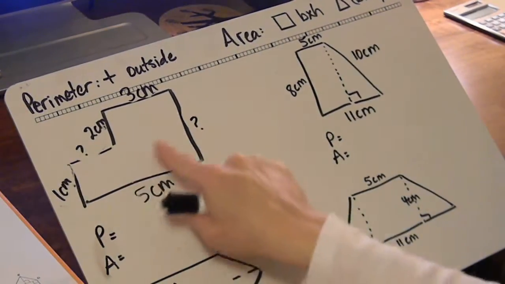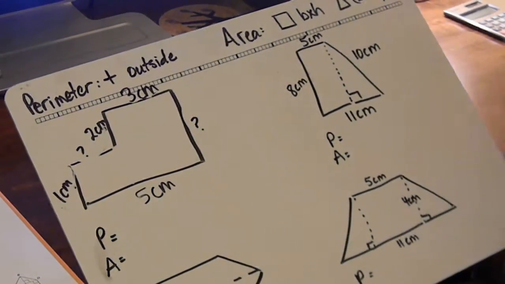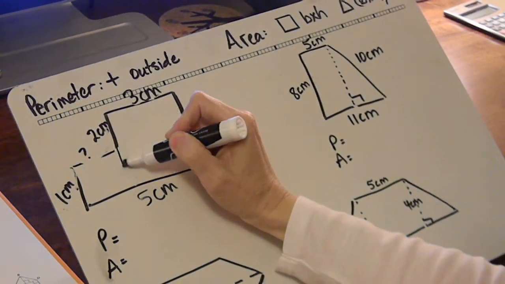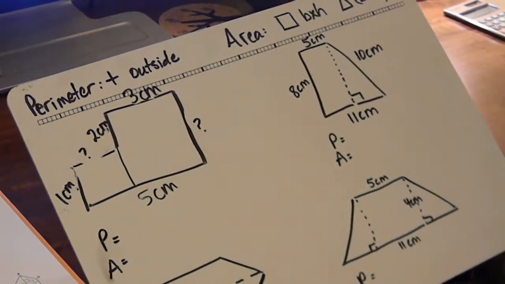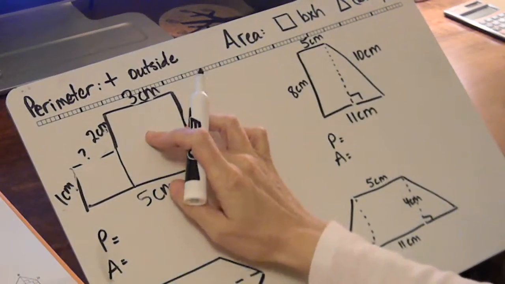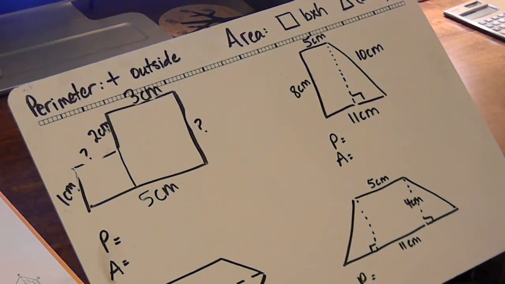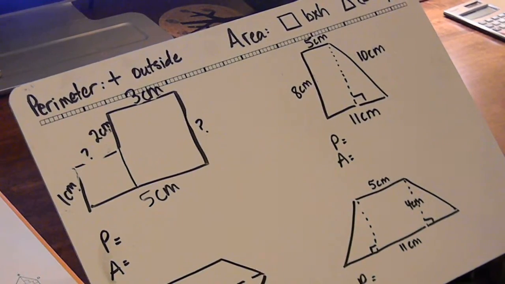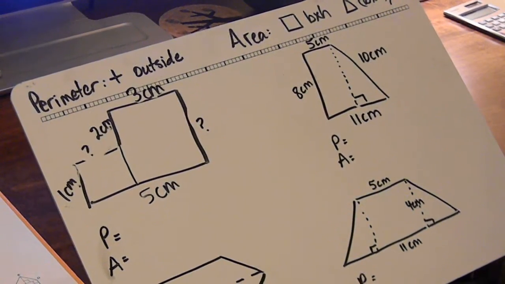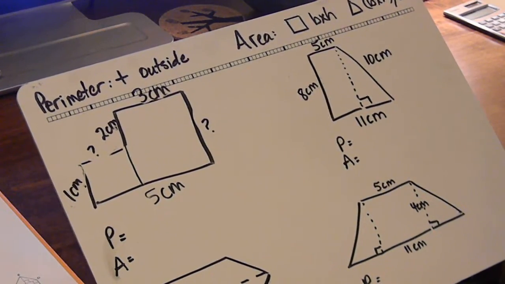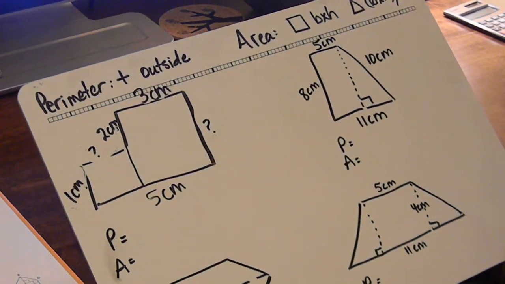If we look at number 2, we see a shape here. And basically, if we continue this line, what we end up with are 2 parallelograms. Here's a parallelogram, and here's a parallelogram. Now we have the challenge of finding the perimeter first. But let's use what we know about parallelograms. Parallelograms have opposite sides of equal length.